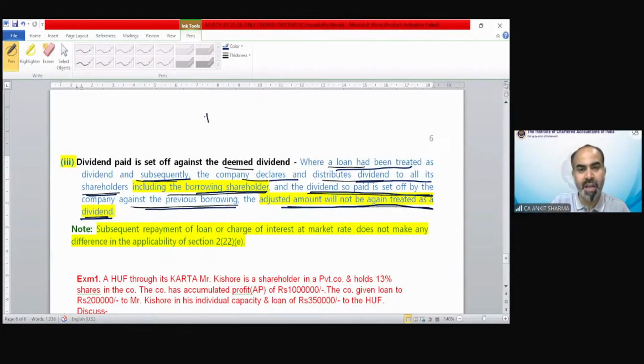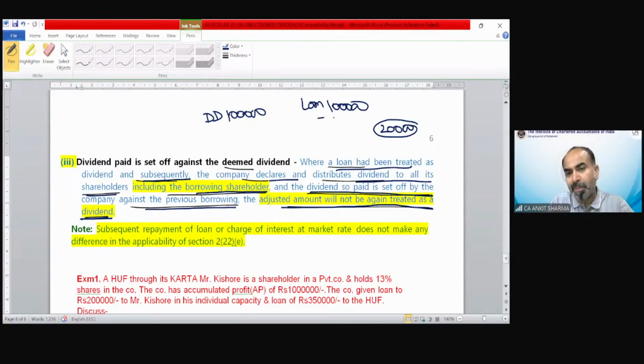So suppose your deemed dividend already is 1 lakh. Why? Because you have taken a loan from the company. Now you receive 20,000 dividend and you ask the company not to pay you this dividend, and the company sets off this dividend against your loan liability. So now this dividend would not be treated as dividend. Clear?